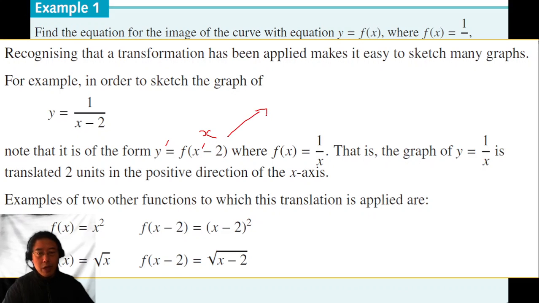When we rearrange that to be x prime, that gives us our mapping equation. And because it's a plus 2, it is a translation of 2 units in the positive direction of the x-axis. And then we can do the same for various functions as well.